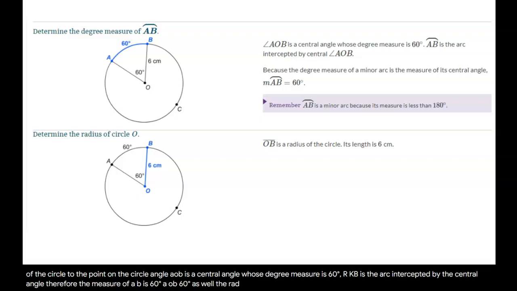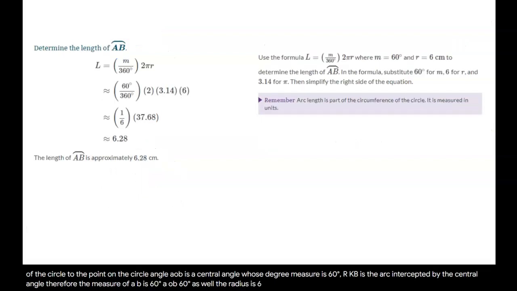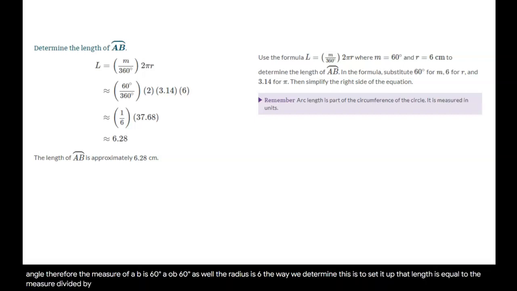The radius is 6. The way we determine this is to set it up that length is equal to the measure divided by 360 times 2 pi r.